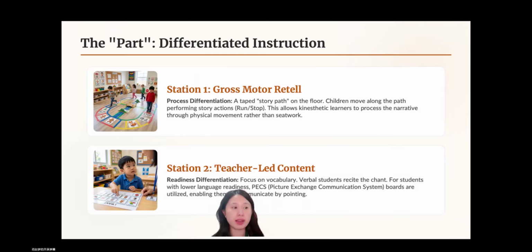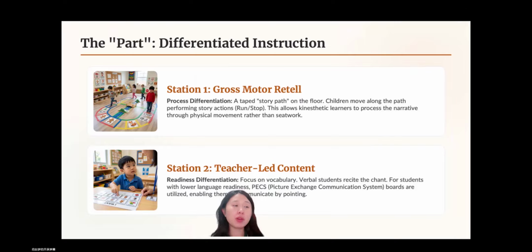Station 2 is my teacher-led content table. Here, I differentiate by readiness. Students with strong language skills can chant the rhymes with the teacher. But for students with language delays like Kian, I use PECS, the Picture Exchange Communication System, boards.